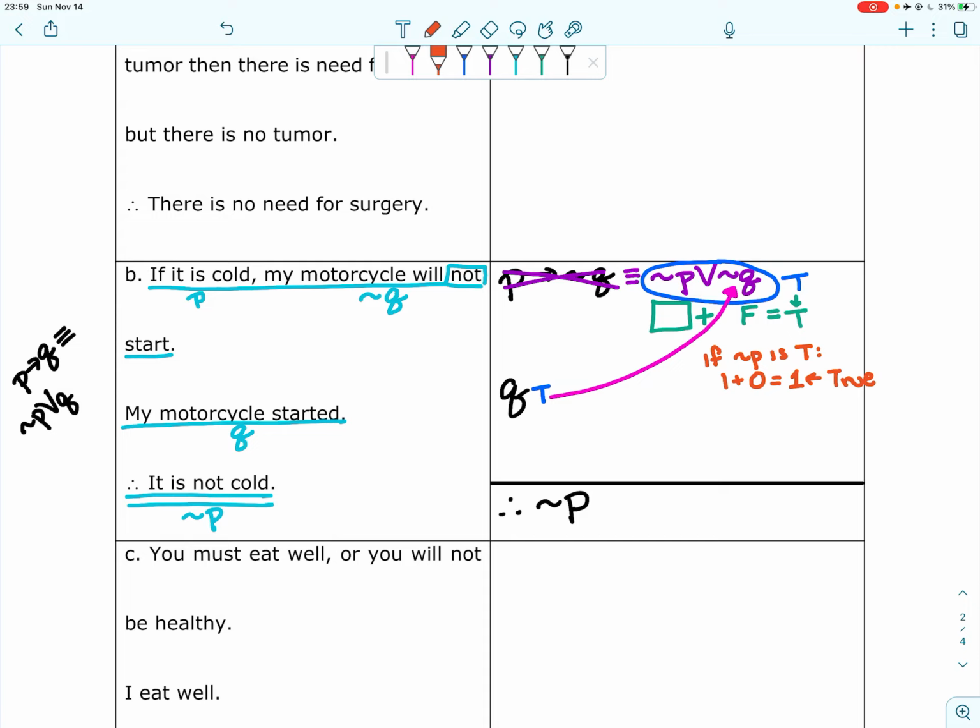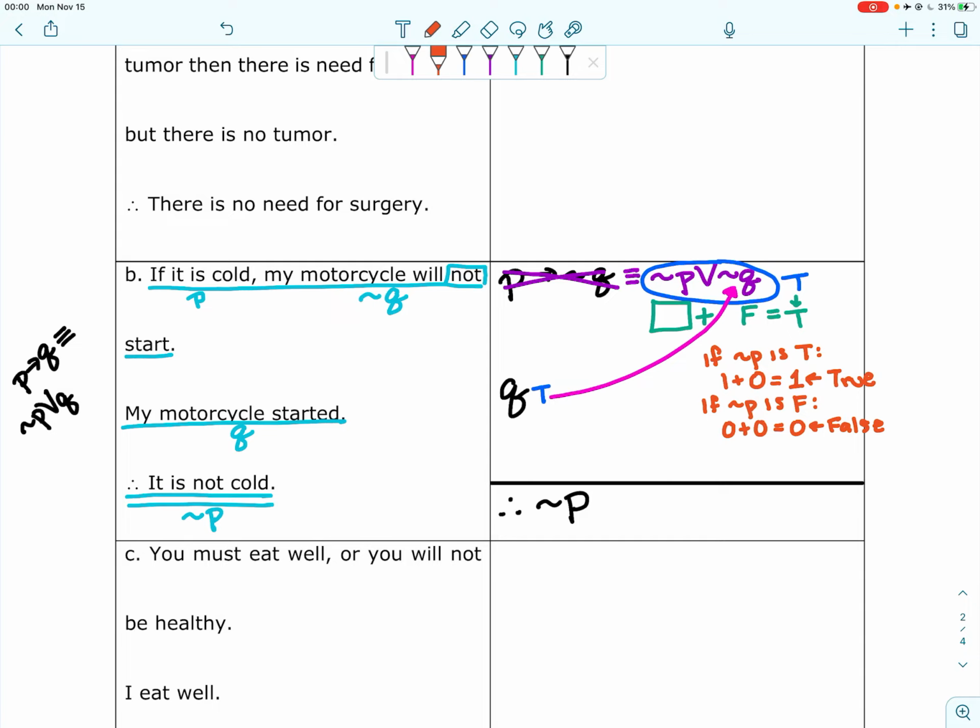So that's good. But what if not P is false? Does it still work out to be a true statement? If not P is false, that would be 0 plus 0, and that's 0, which would be a false statement.